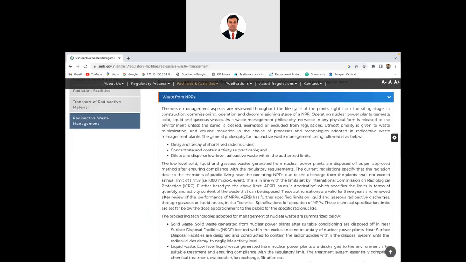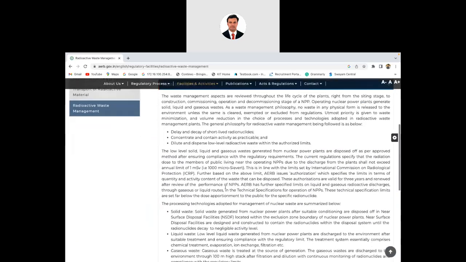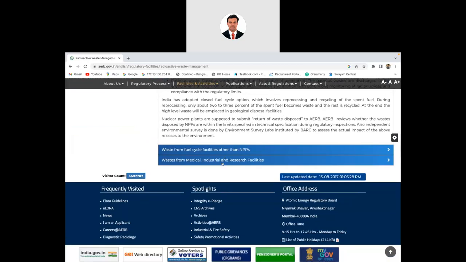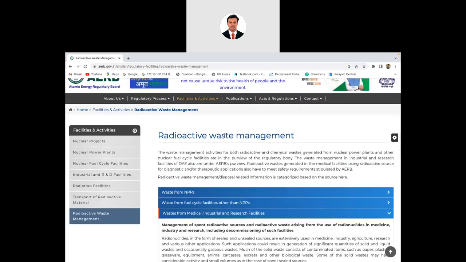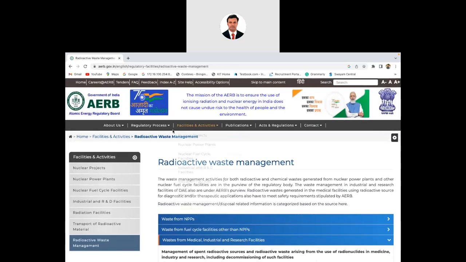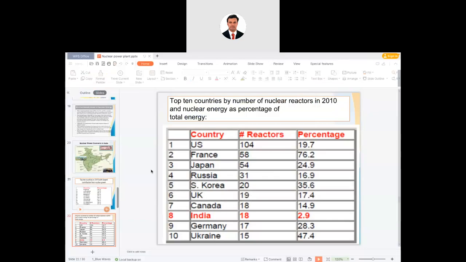Radioactive waste management is also very important: how we dispose of the waste coming out from the nuclear power plant. There are also different research institutes and research facilities available. So you will get different information regarding nuclear power plants on this particular site.